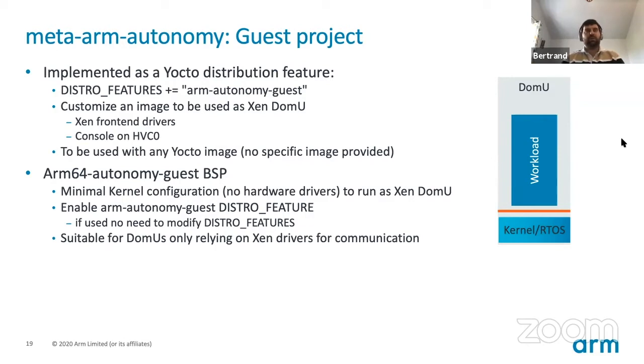So it can be tried with the Yocto core-image-minimal, for example. The layer also provides a BSP named arm64-autonomy-guest. This BSP provides a minimal kernel configuration suitable to run as a Xen guest. It can be used to generate platform-independent guests, only relying on Xen front-end drivers for communication.